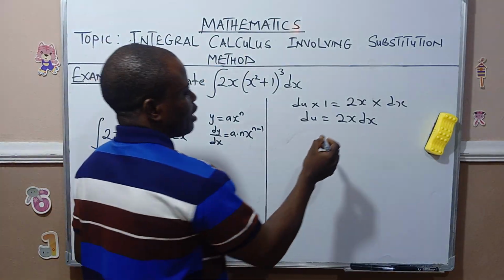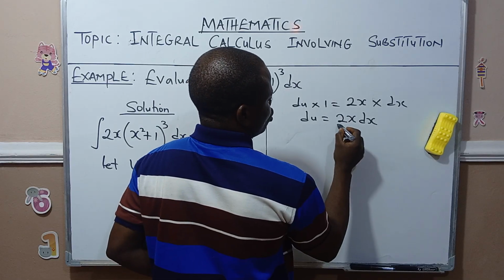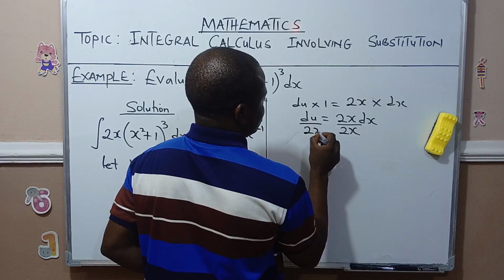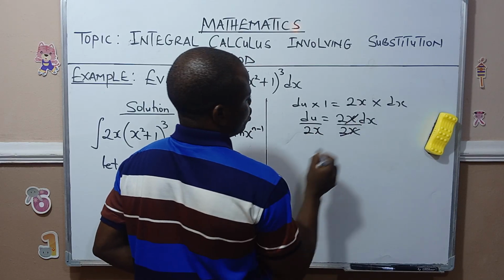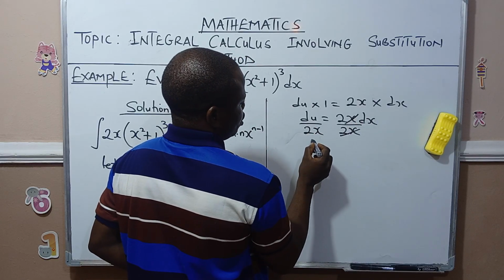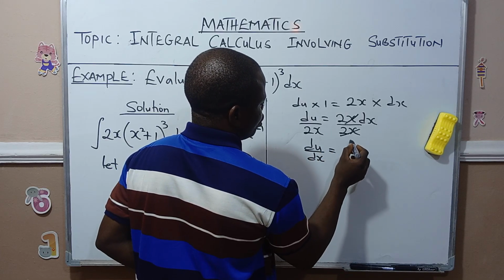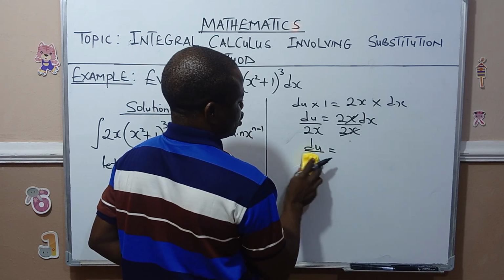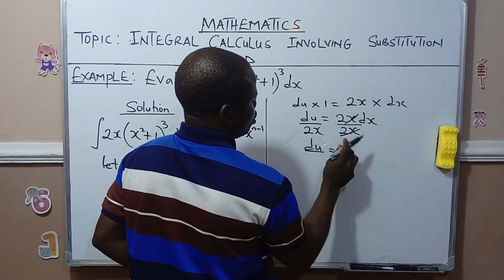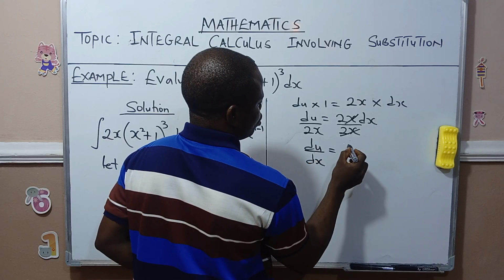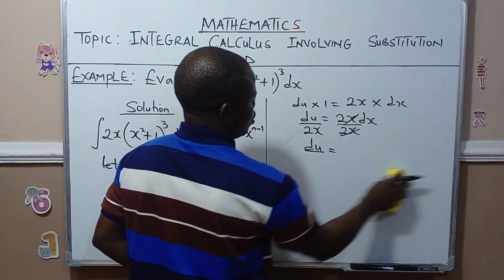You divide both sides by 2x, so that 2x will cancel 2x. We are left with dx equals du over 2x.